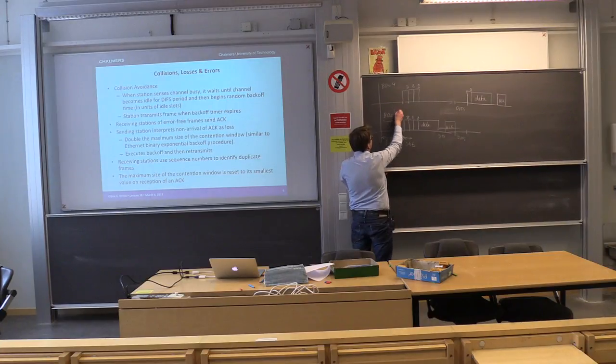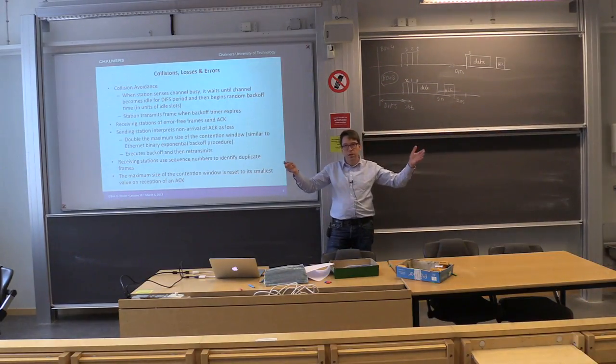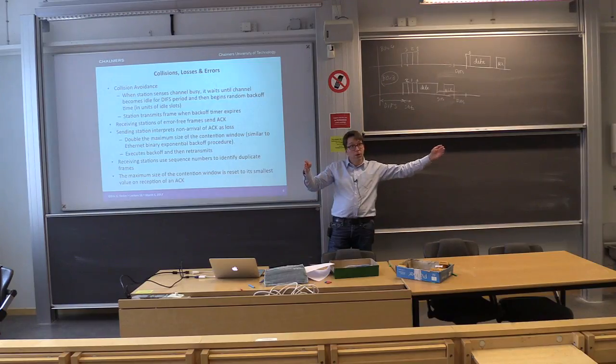These backoff counters are selected randomly in a certain interval. The shorter the interval is, the shorter the average backoff time is. The longer the interval is, the longer the average backoff time is. But the longer it is, there are also more possibilities to avoid collisions.